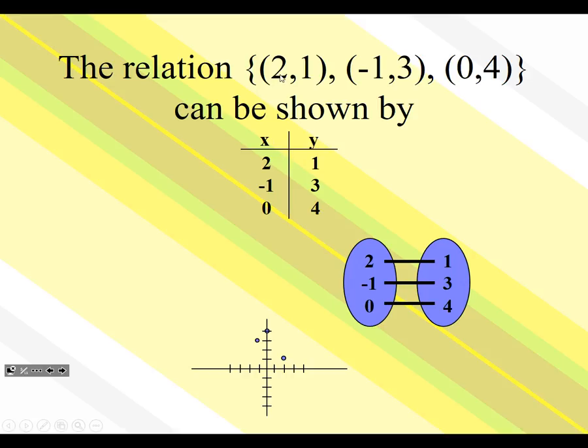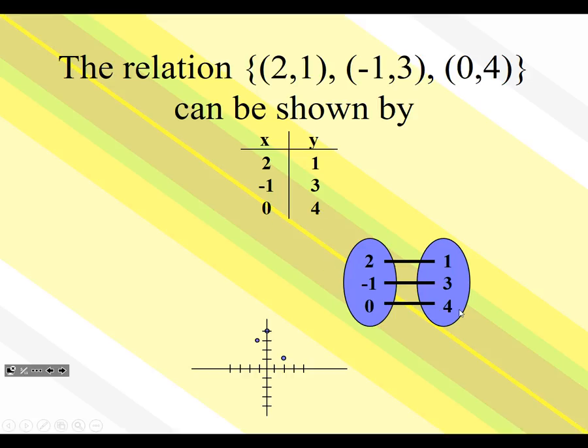So we put all of our x's, which was 2, -1, and 0, and we matched them up with our y values, which was 1, 3, and 4. We got those from our ordered pairs.